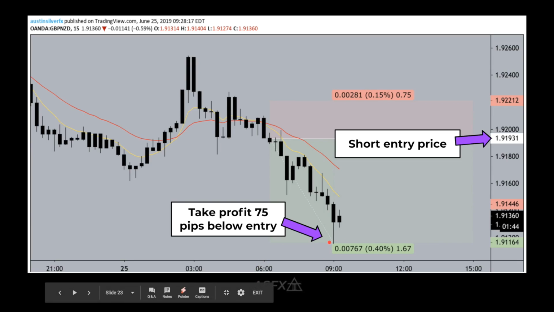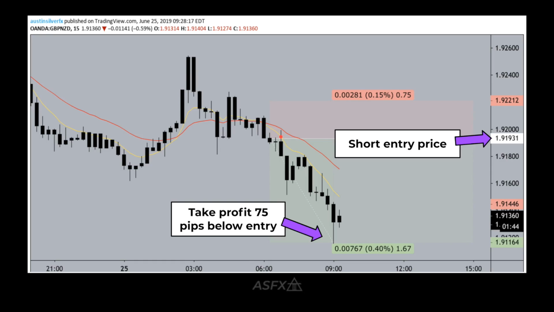Your take profit is down 75 pips, as you can see, 76 pips below the entry price up here. So again, stop loss above, take profit below when you're short. If you're long, it's going to be inverted to this with the take profit above you and the stop loss below you. Get me out of the trade. Stop the loss. That's how you can remember that.